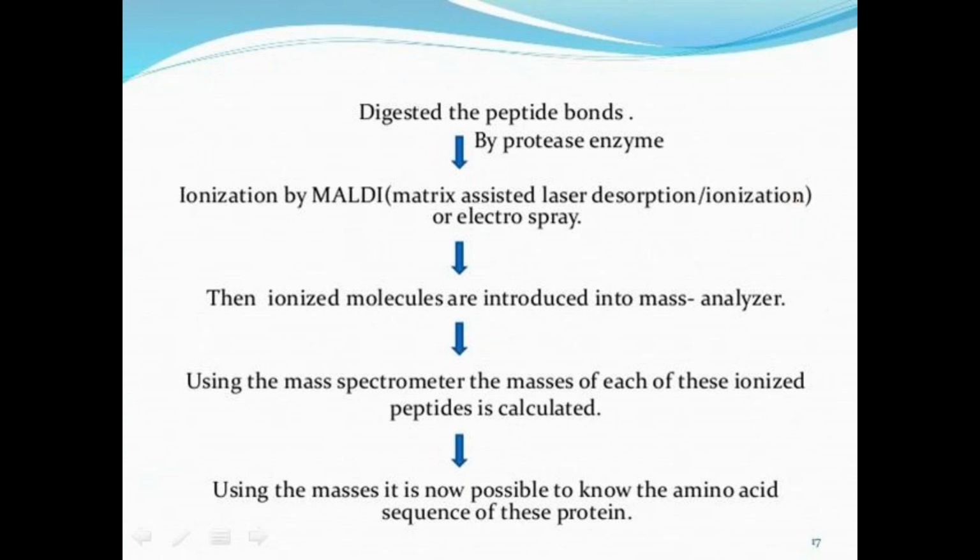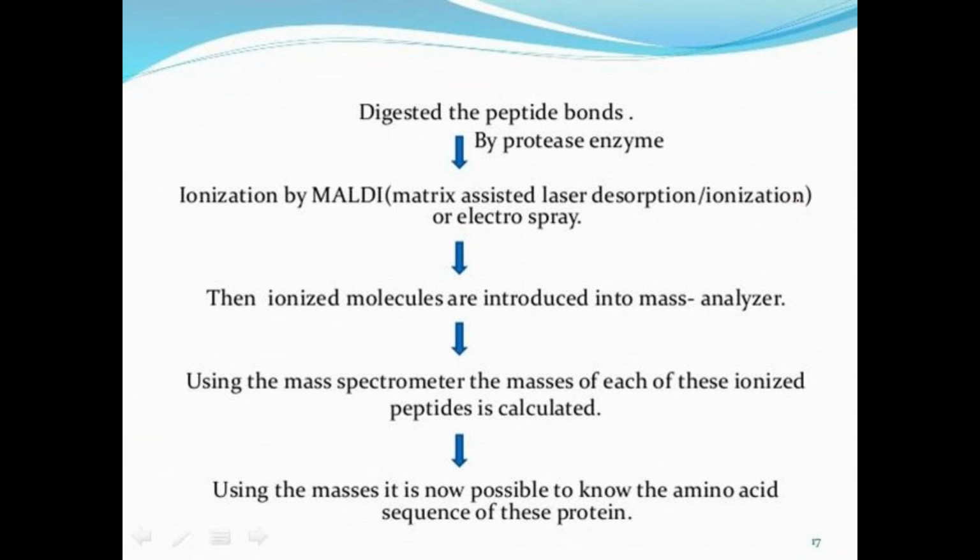The amino acids contain different ions, so first we have to ionize the amino acid composition, and that is done by matrix assisted laser desorption.